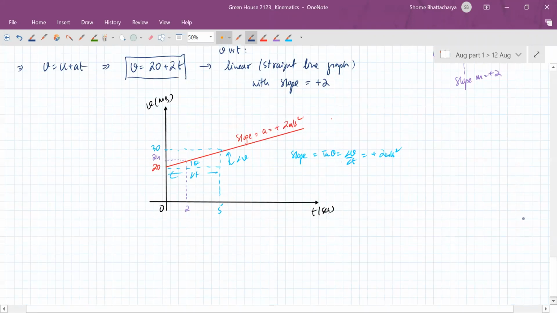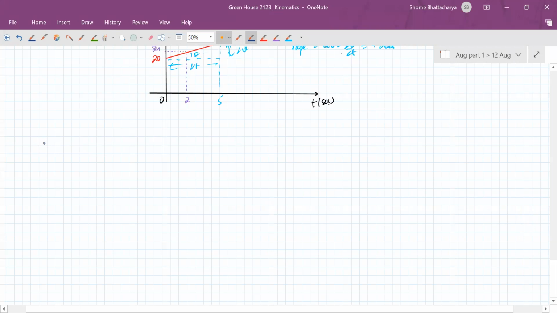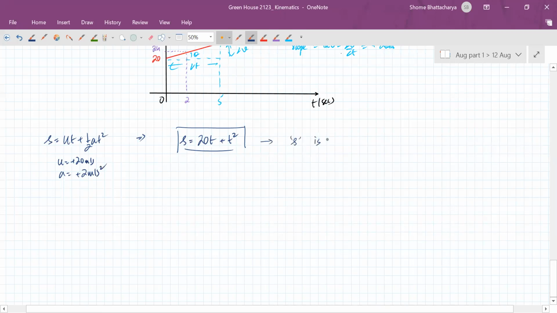Okay, next if we look at the displacement versus time relation. Here we can see S will be equal to 20t plus t square, because the value of u was 20 and the value of a was 2 meters per second square. So now you can see that S is what we call a quadratic function of time.